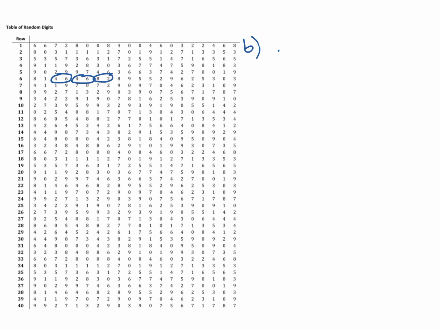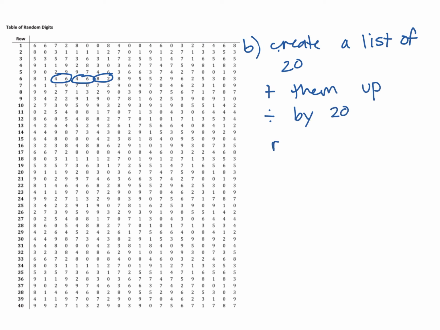So create your list. This is not the answer to the problem, this is explaining how to do it. Create a list of 20, add them up, divide by 20, and then round, keeping 3 decimal places.